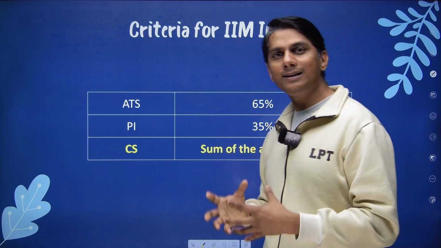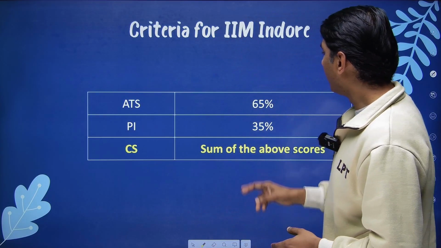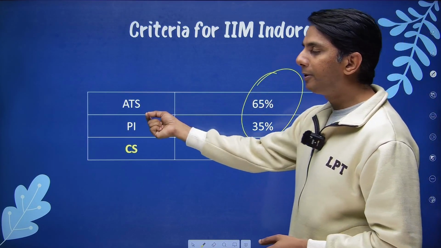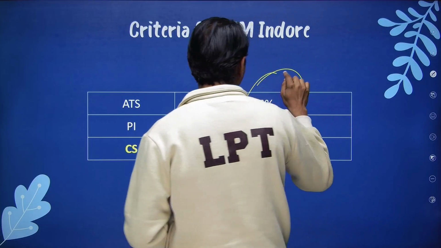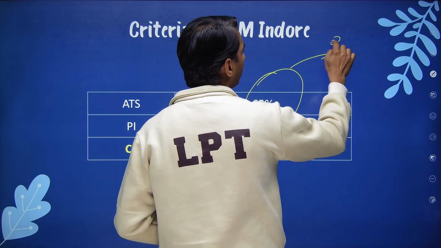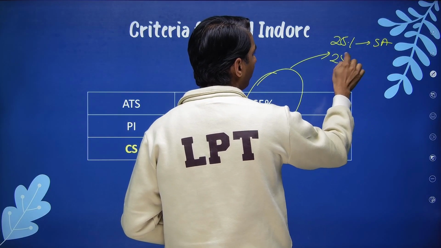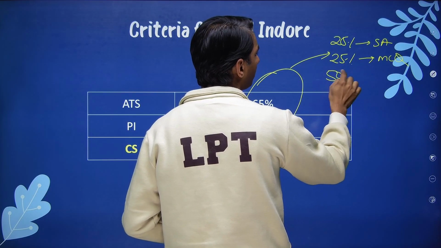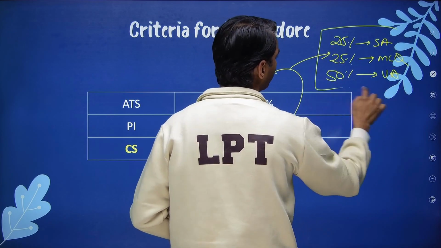For the final selection in IIM Indore for the IPM program, the final merit list is made based on two things: the aptitude test score and the personal interview. The aptitude test score is calculated by giving 25% weightage to the short answer section, 25% weightage to the MCQ section of QA and 50% weightage to the verbal ability section.